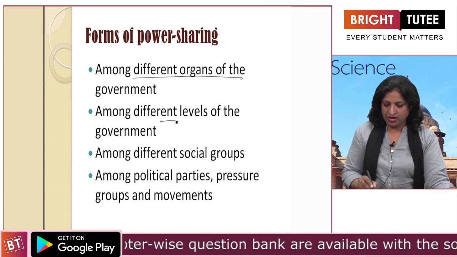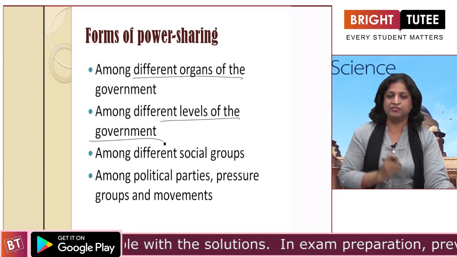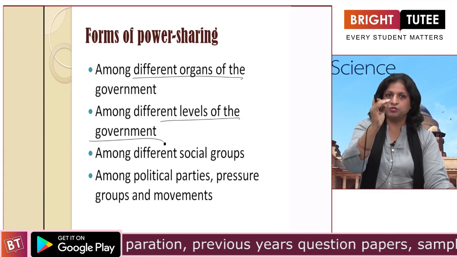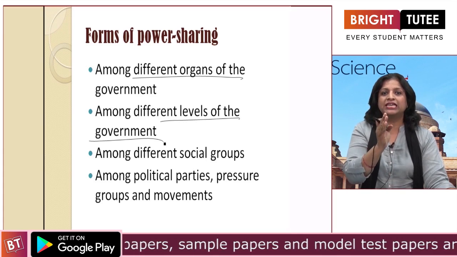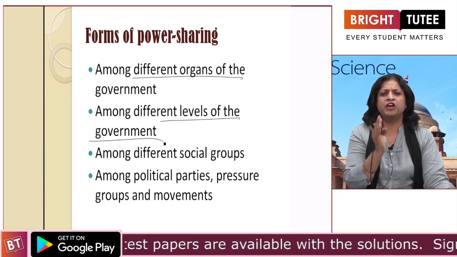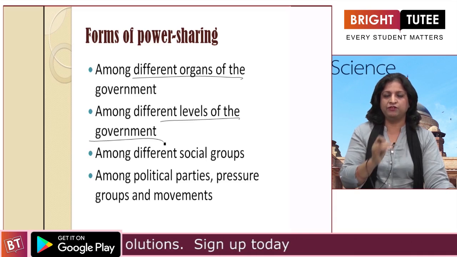Second, among different levels of government, from highest to the lowest, also known as vertical division of power, and we also call it federalism. Government at different levels.